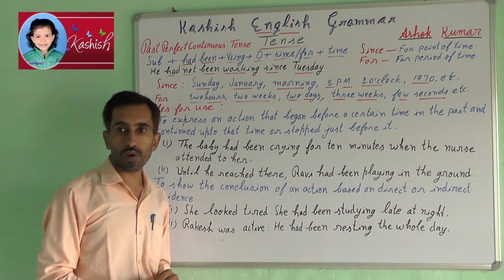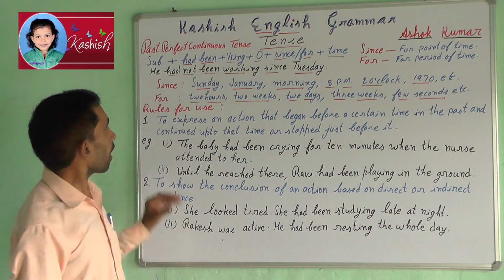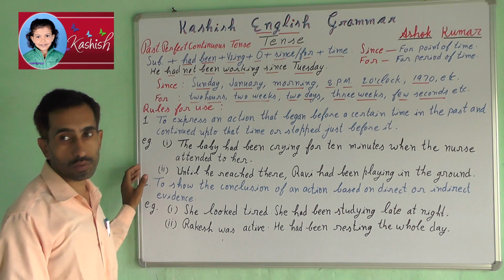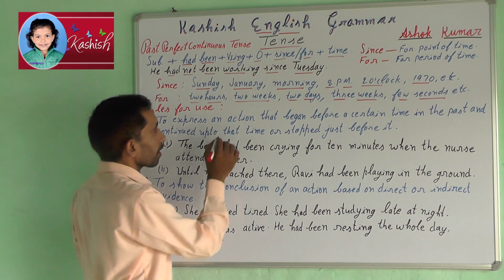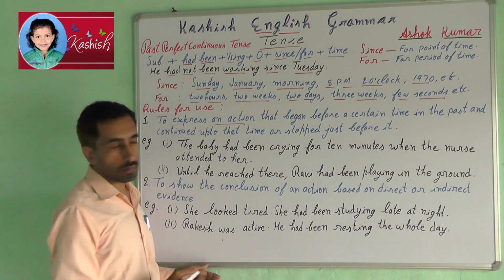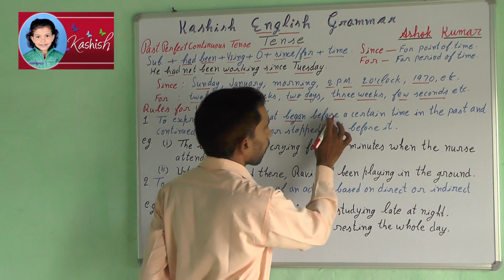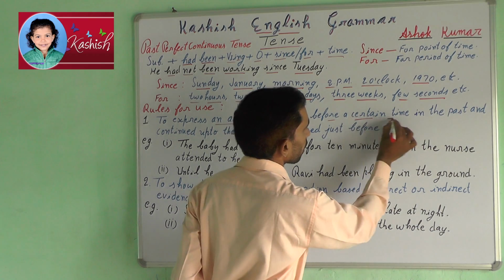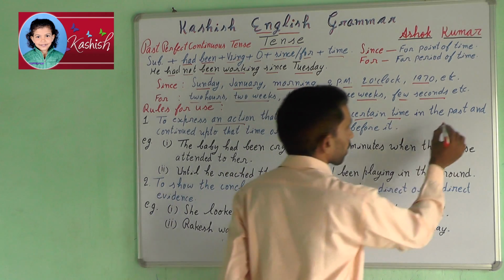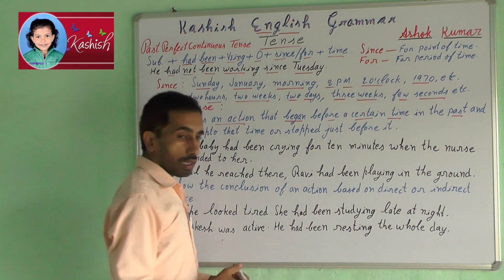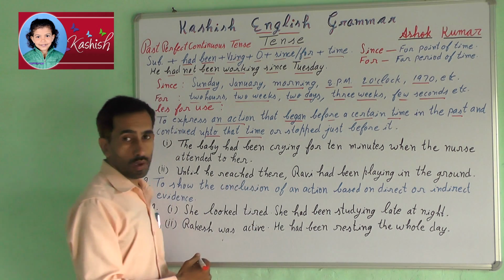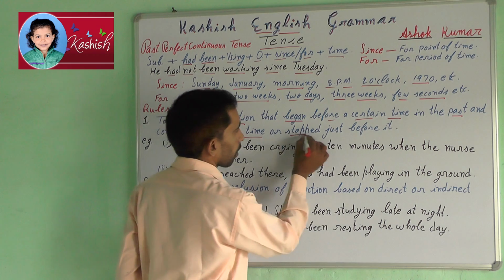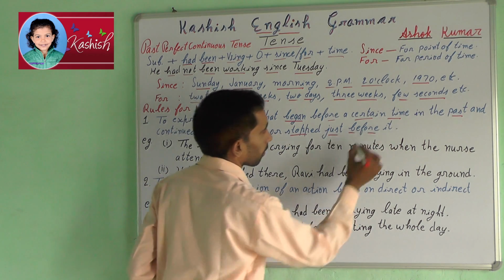Rules for use of past perfect continuous tense. First, to express an action that began before a certain time in the past and continued up to that time or stopped just before it.